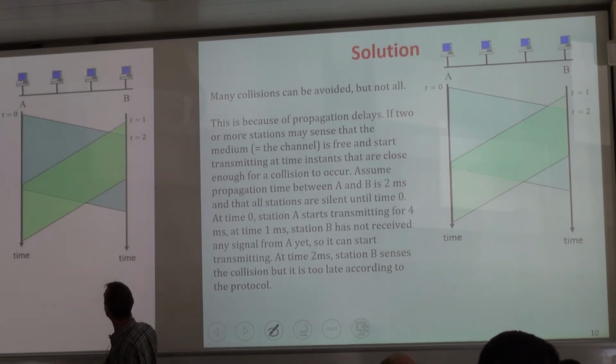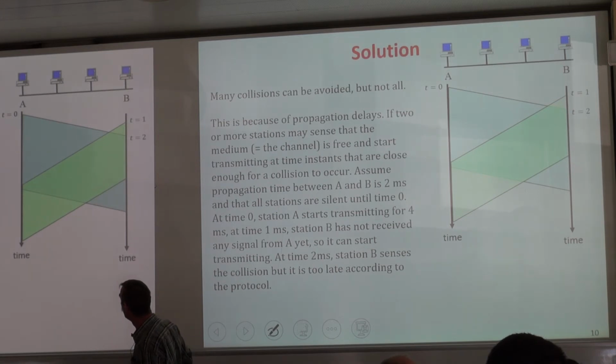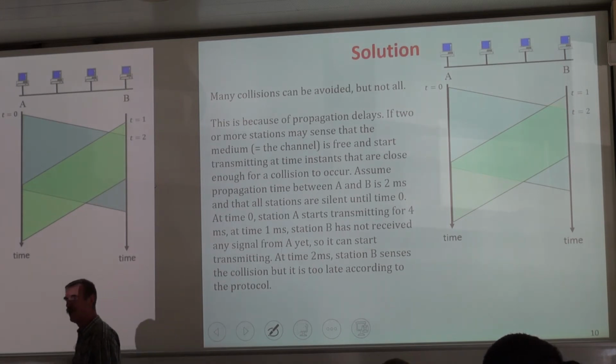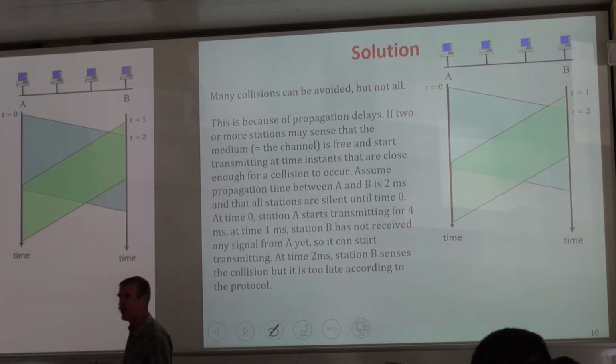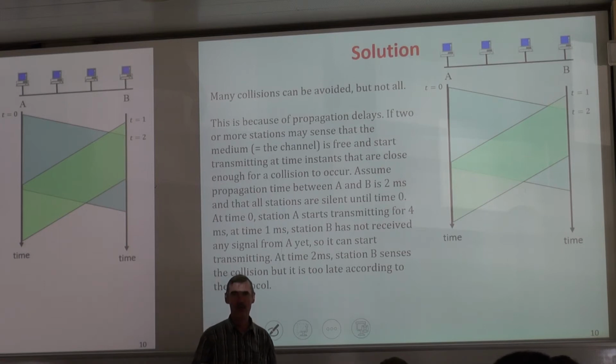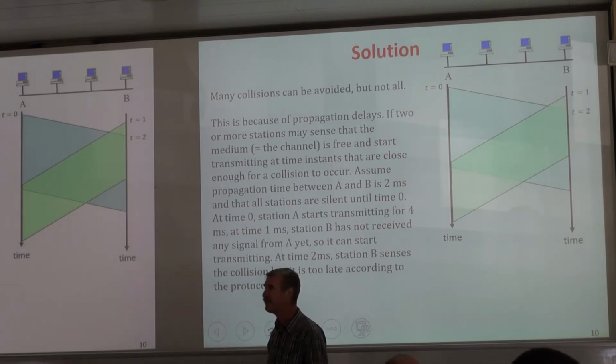Assume A sends at time 0 some data, and the data propagates on the cable very fast, but still not instantly. So the parallelogram is showing the electrical state, if you want, of the cable along the cable.